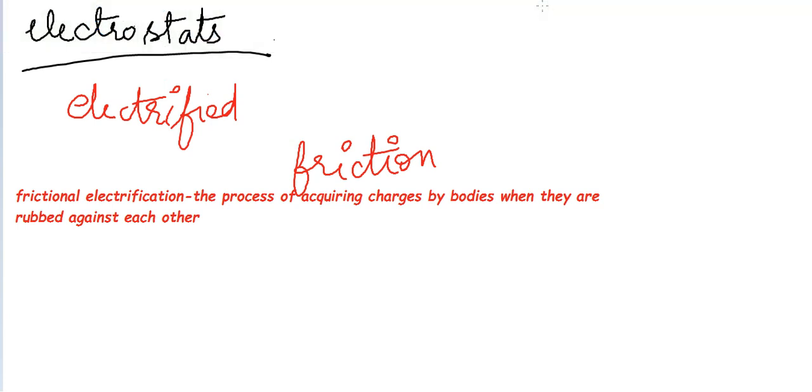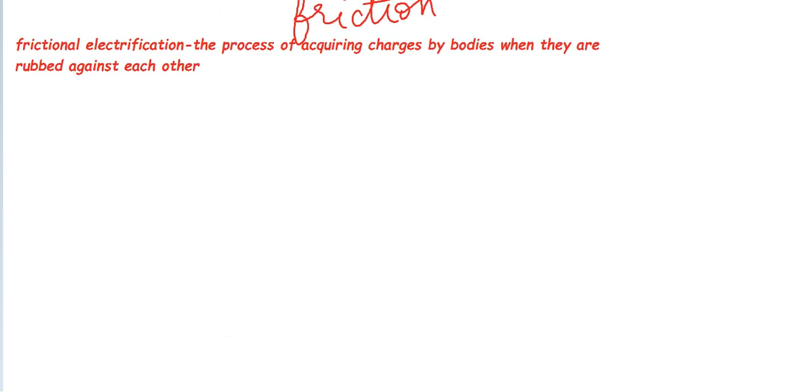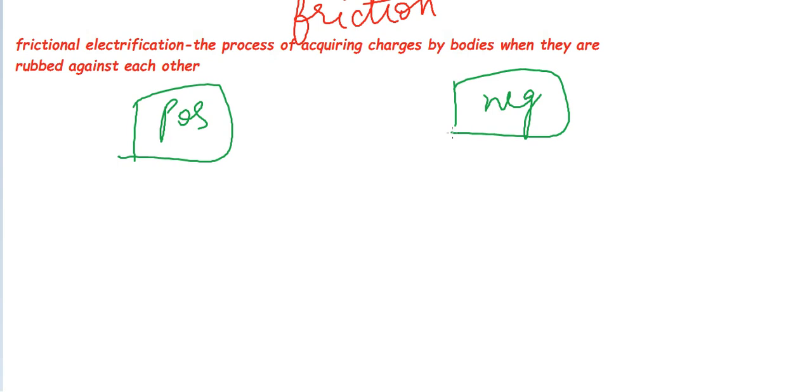Continuing further, there are obviously two types of charges, positive and negative. Now if I ask you, how do we know that this is a positive charge and this is a negative charge?